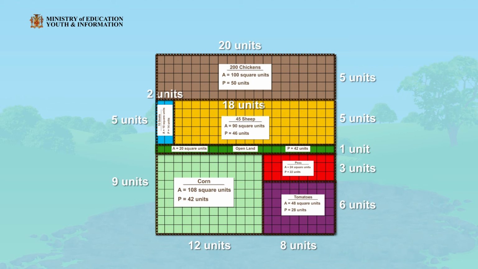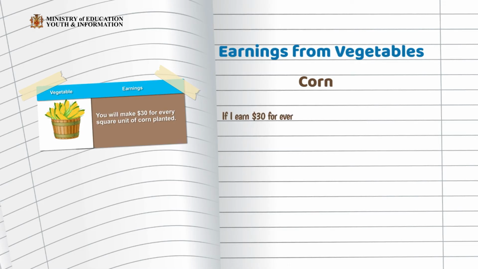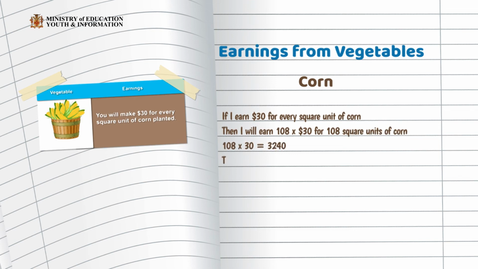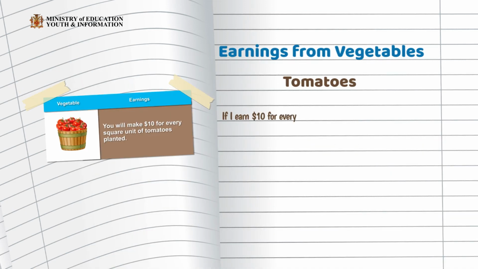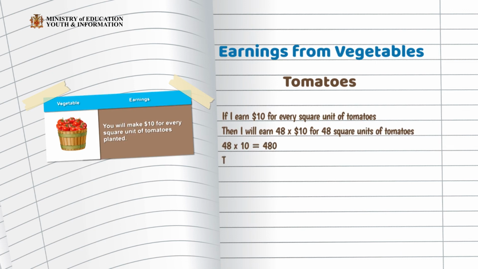Now let's see how much I will earn from my vegetable farm. If I earn $30 for every square unit of corn, then I will earn 108 multiplied by $30 for 108 square units of corn. Therefore, I will earn $3,240 from my 108 square units of corn. If I earn $10 for every square unit of tomatoes, then I will earn 48 multiplied by $10 for 48 square units of tomatoes.